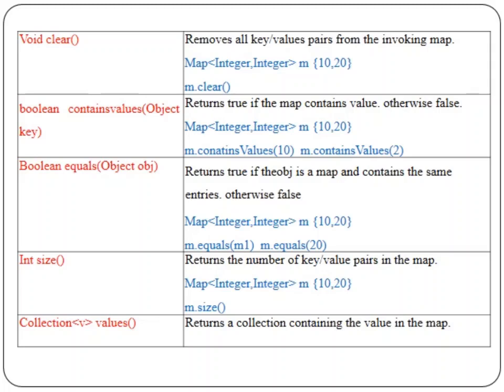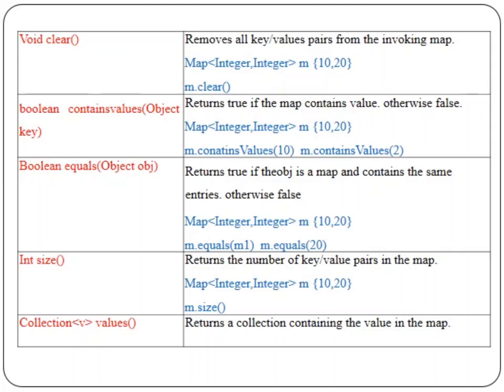Let us take an example. So at the 0th position, key 0 with value 10 has been inserted, and key 1 with value 20 has been inserted. Now I am going to check whether the value is available in the map interface or not. For that, we will make use of the containsValue method. So containsValue 10: the 10 is going to be checked in the map interface object which is invoking. Yes, 10 is available, so the method is going to return true, because 10 is available in the map interface.